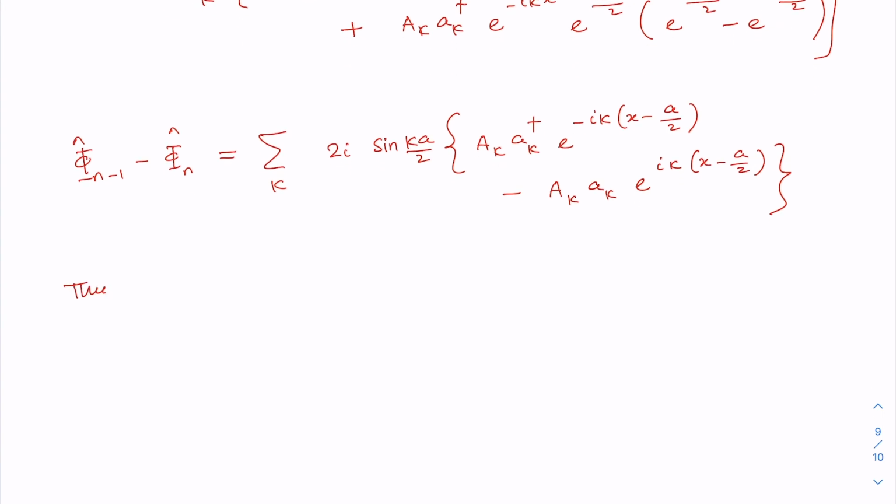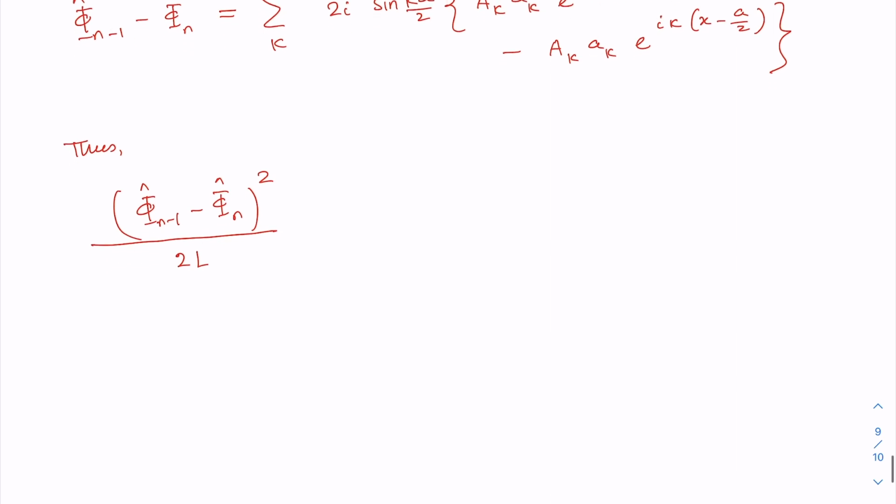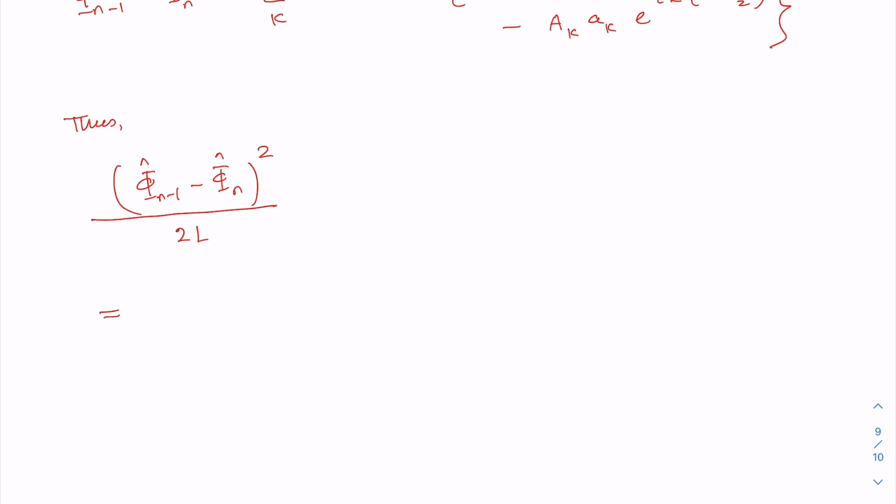Therefore, I have phi n minus 1 minus phi n whole square divided by 2l. So this would be equal to 1 by 2l.